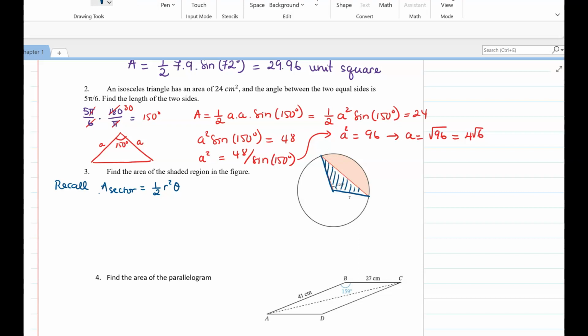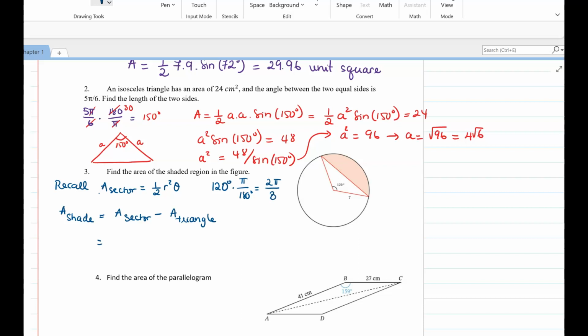Okay, so the area of the shaded region equals the area of the sector minus the area of the triangle. So first things first, let's go ahead and rewrite theta equal to 120 degrees into radians. So 120 degrees into radians, and that is 2 pi over 3.